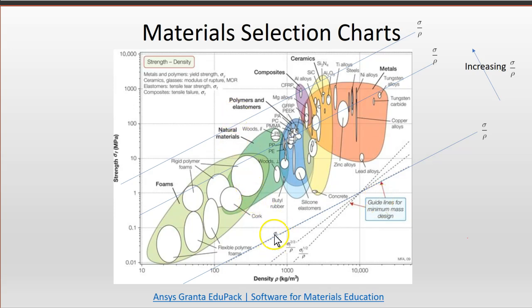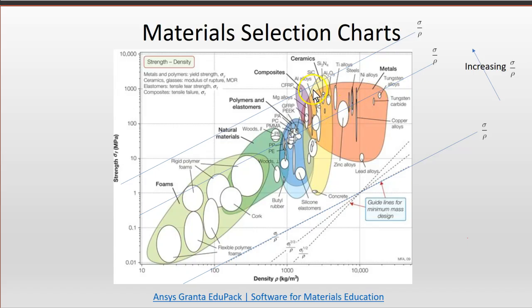If we draw a line parallel to the appropriate guideline, for example, this line here, then all points on this line will have a constant value of sigma over rho. In other words, their performance will be identical.